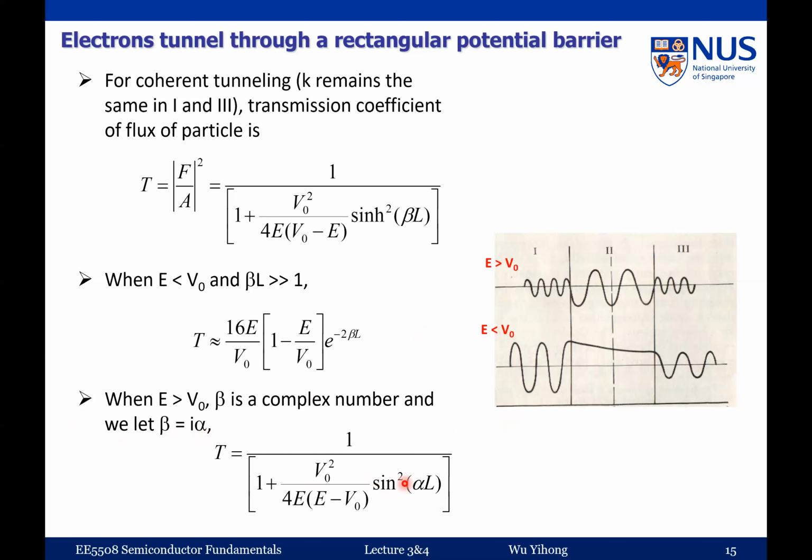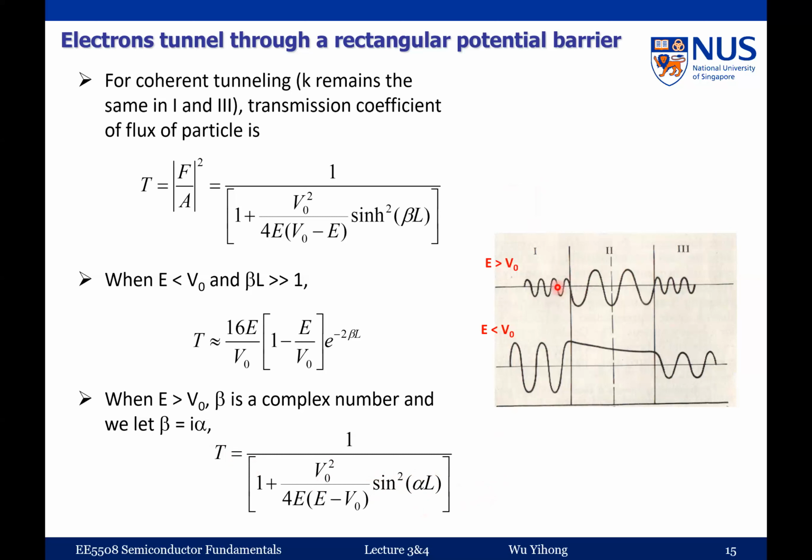Now, this is very interesting. When alpha L is a multiple of pi, this will be 0, and then T is 1. What is this situation? This is called resonant transmission. When the electron moves from here to here, the phase it gains is pi, and then it reflects back, gaining another pi.